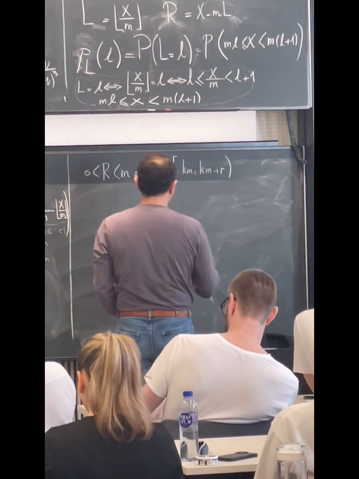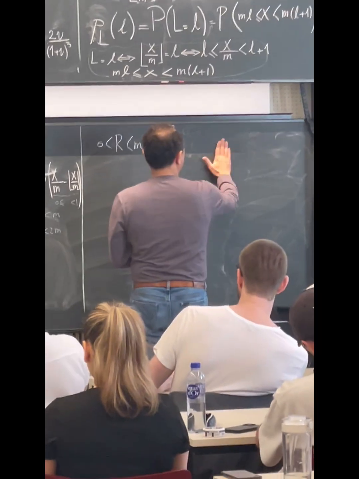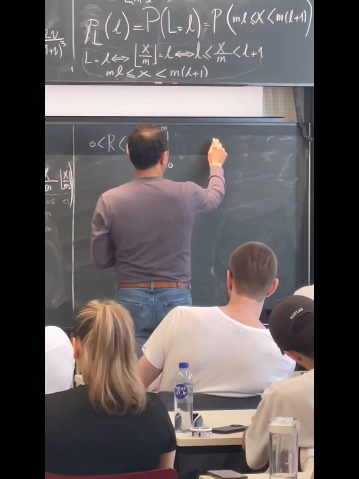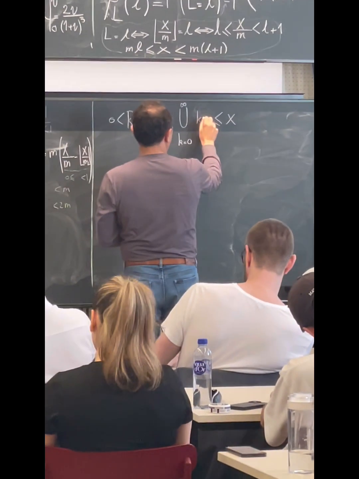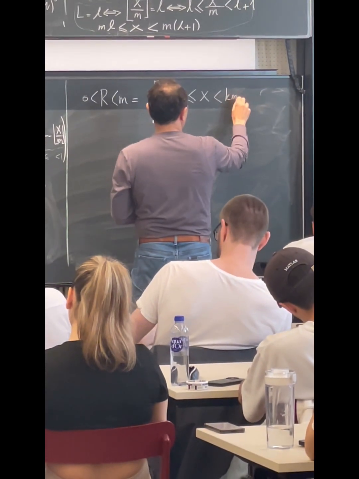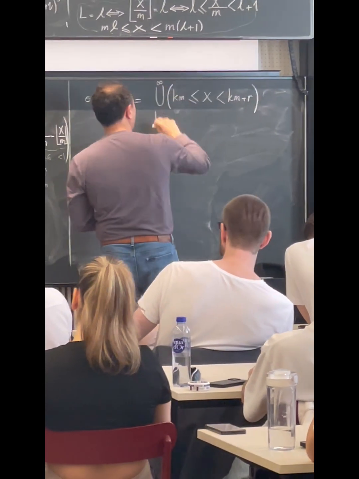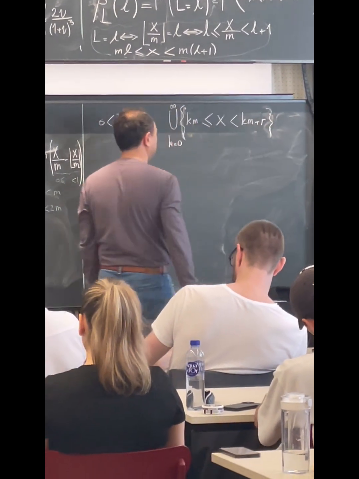That's not a good way of writing, sorry, because you don't see x here. Let me write it like this: x is between kn and kn plus r. This is a better way of writing, and of course, let me write it using set notation.